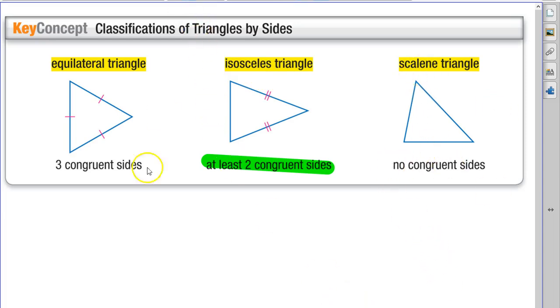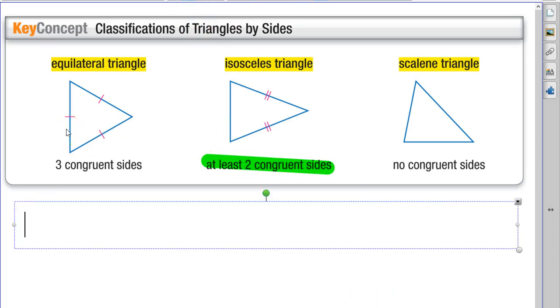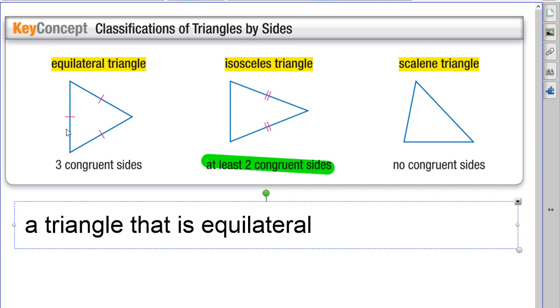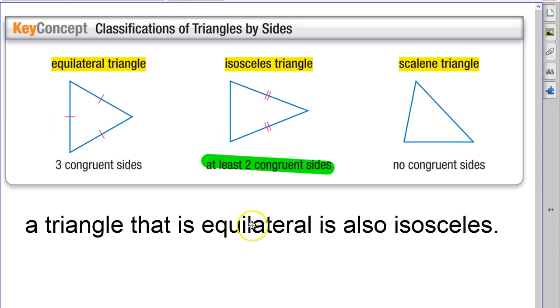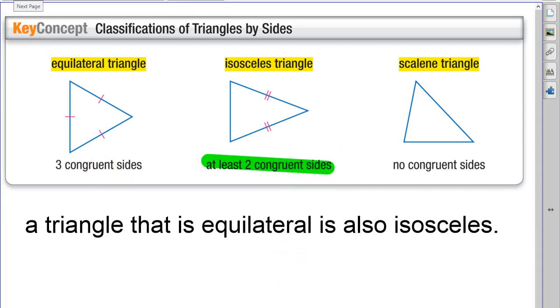And one of the things to make note of is a triangle that is equilateral is also isosceles, because since a triangle has at least two congruent sides, it'd be isosceles. If you've got three, 3 is at least 2.